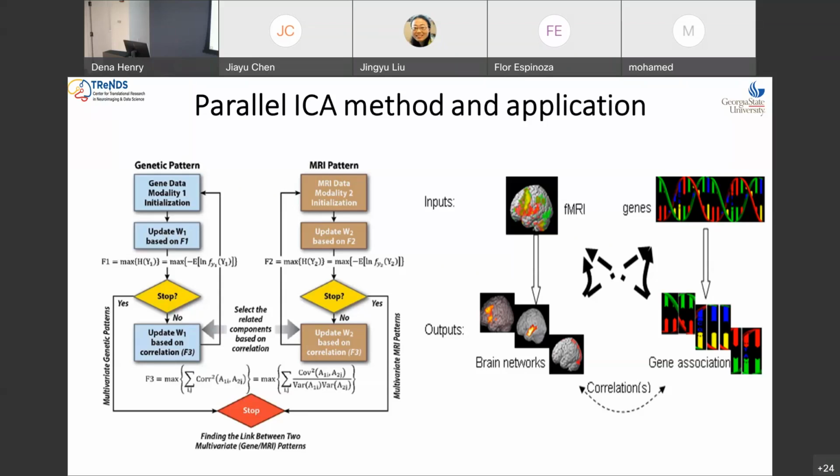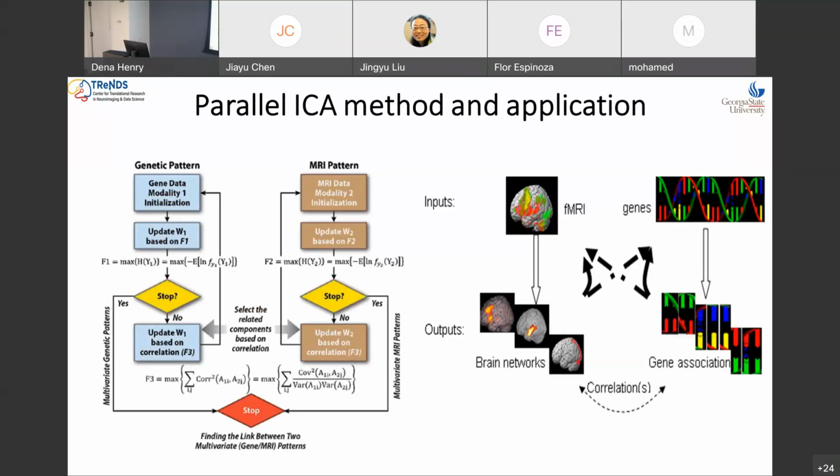And as it is designed, this approach is maybe more suitable for data fusion where the two modalities are not very strongly related, for example, the genetic and imaging modalities. So it's not like, as Jim mentioned, for joint ICA, when you have two imaging modalities, they can be very strongly linked.